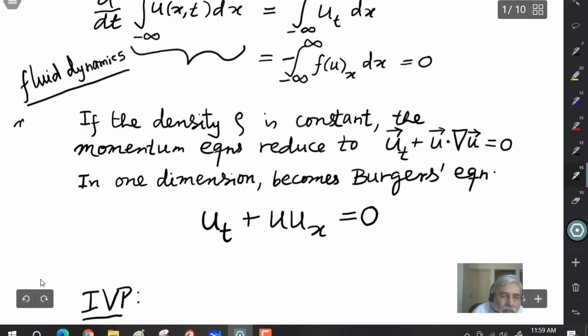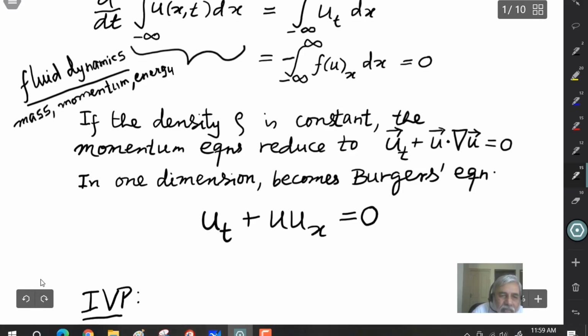There are three equations mainly: conservation of mass, momentum, and energy, with other assumptions on the fluid in question.